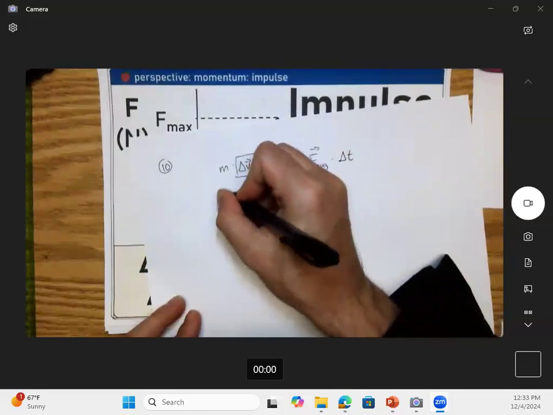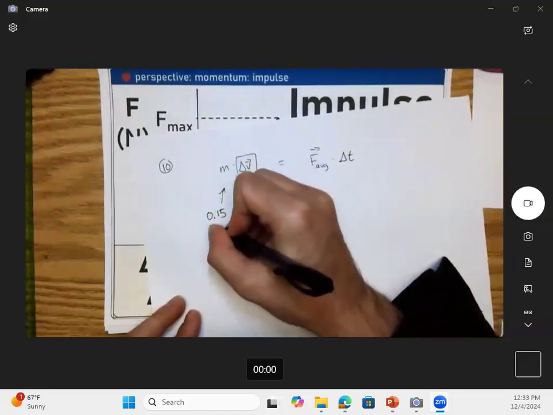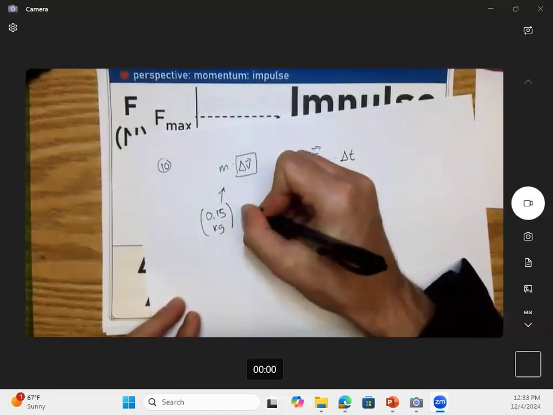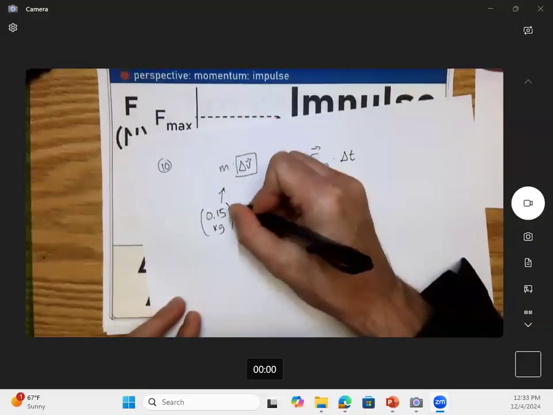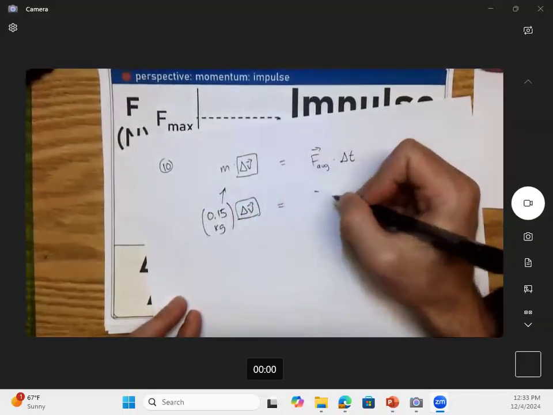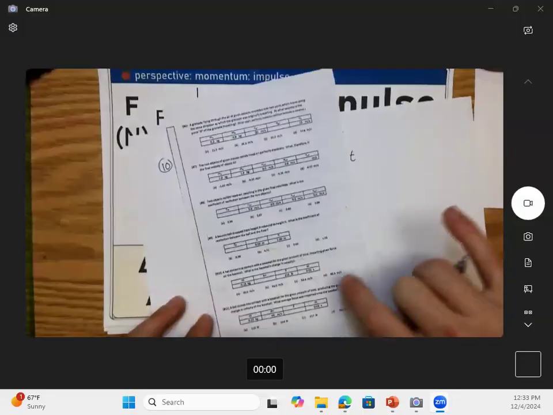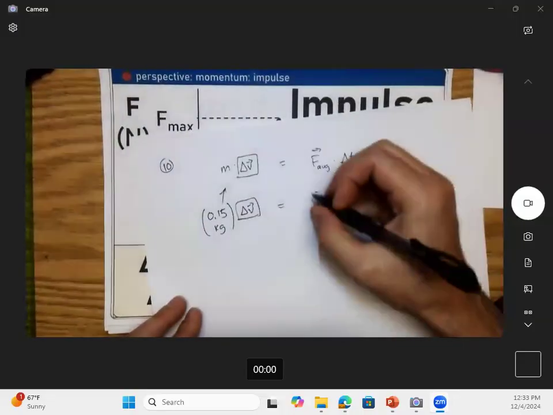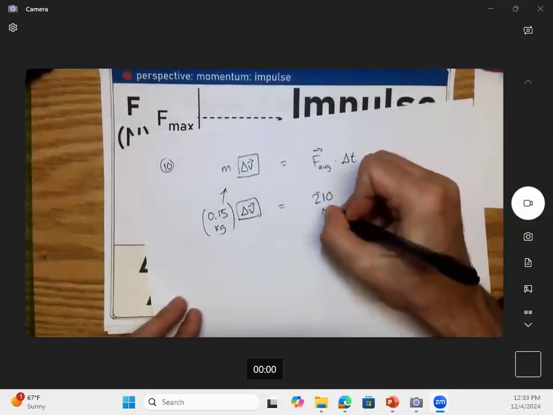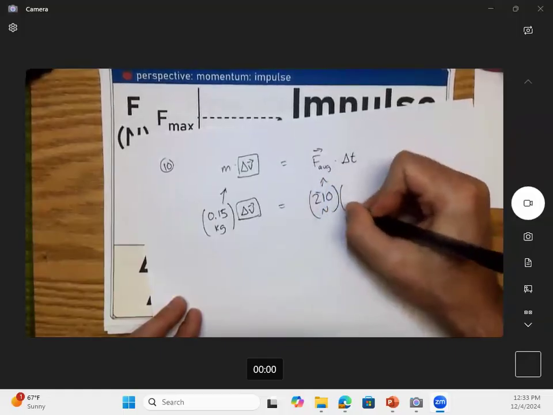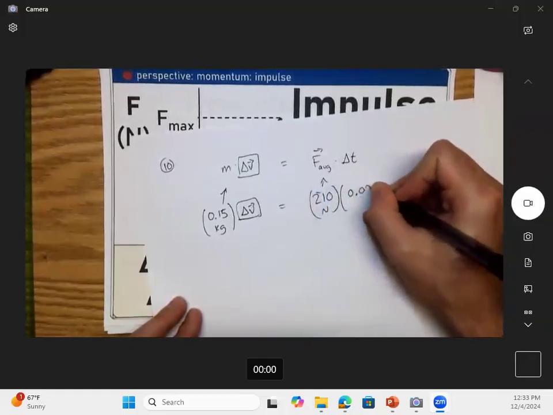I told you the mass of the baseball, so pop that in right there. Change in velocity we're solving for. I told you the average force of the bat on the ball, so my number on my paper is this many newtons. And it should be a tiny time interval, which makes sense.